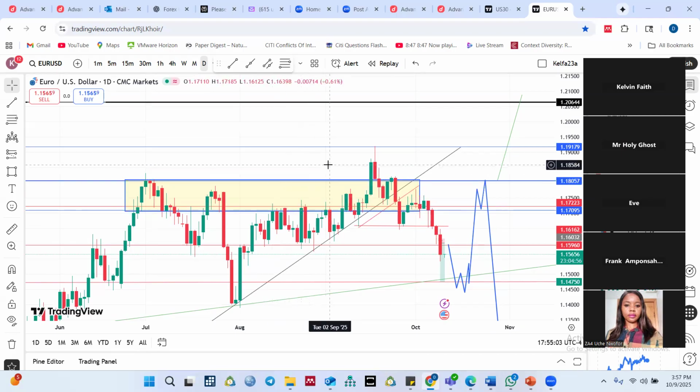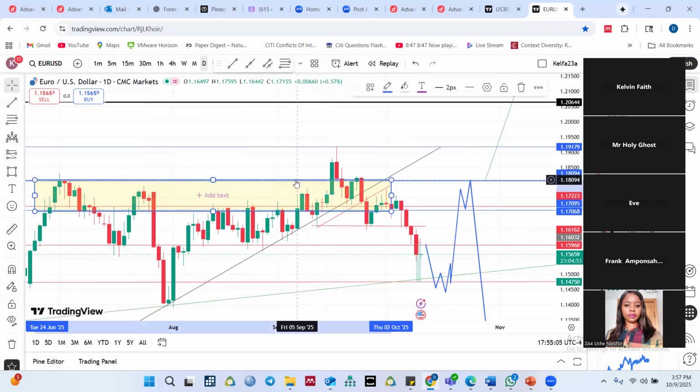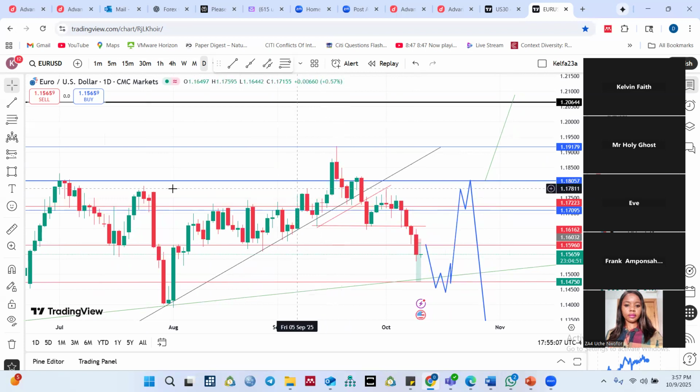We will need indication. Okay, so this big green candle here is giving us an intention that the bulls, the buyers, will be strong above here.